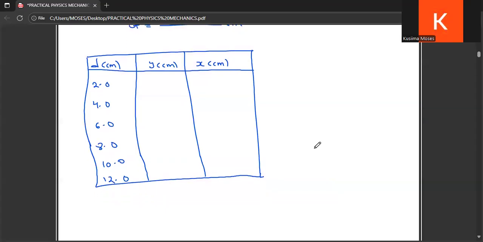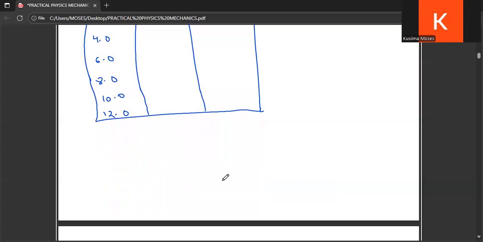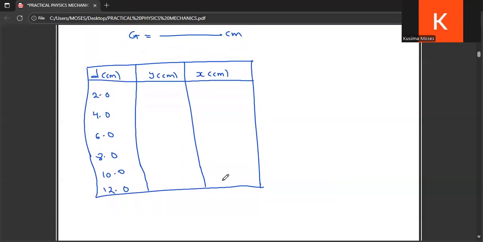Then after coming up with our table of results, of course, this is a plan for our experiment. Remember, we are doing all this when we haven't touched the apparatus. This is a clear plan for us to do our practical. Then from there, we shall leave some space, of course, for data analysis here.